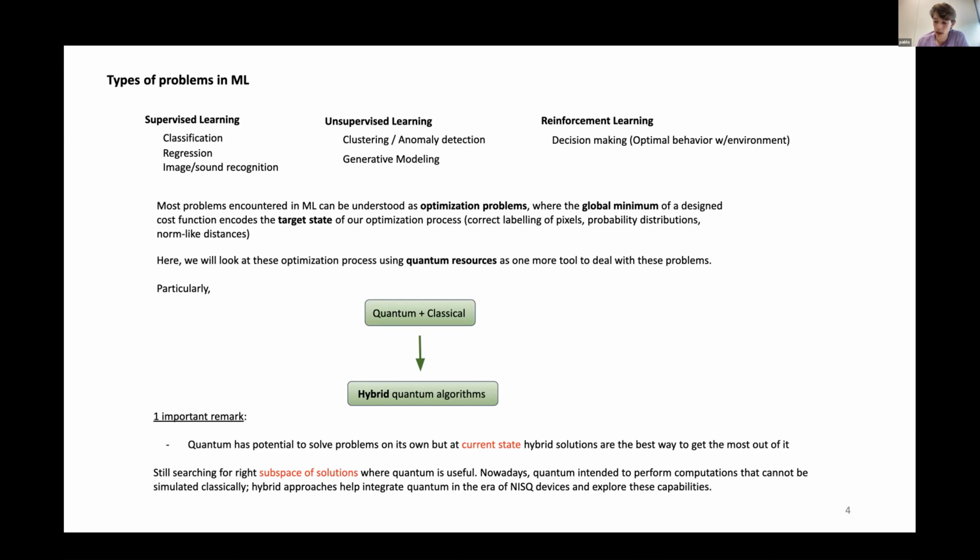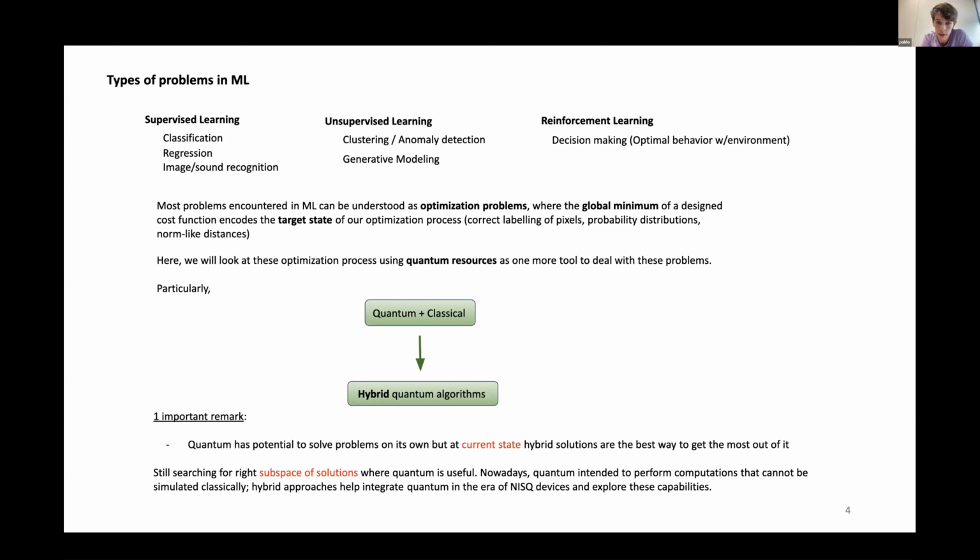Moreover, there are some other complications, such as the fact that we are still searching for the right subspace of solutions where quantum can be useful, can be applied efficiently. Because nowadays, quantum is basically intended to perform computations that cannot be simulated classically in an efficient way.